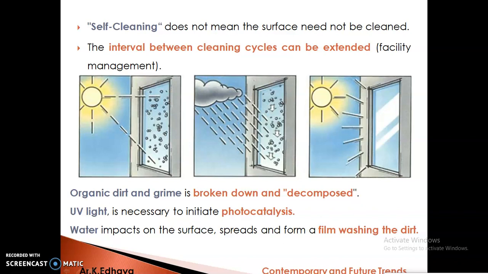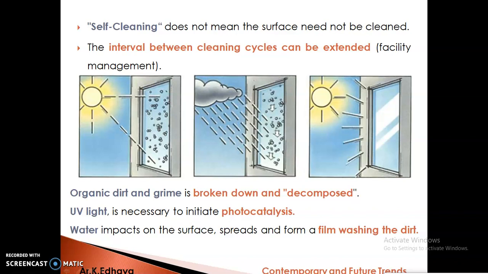When we go for large skyscrapers, the exterior facades can be maintained well when we have this kind of catalyst input. Again, this is a photocatalyst, which means it helps induce the reaction.